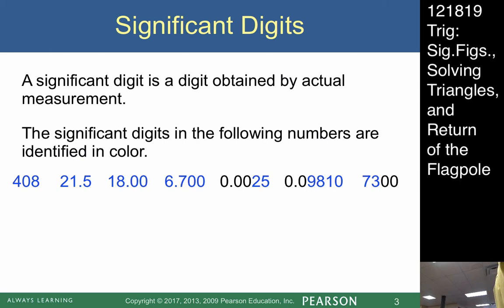And if those zeros were significant, the only way to convey that they were actually significant is to go 7.3 times 10. Oh, no, I'm sorry. 7.300 times 10 to the third. And then you would know that these zeros count as well, and there would be 4 sig figs. That's using what's called scientific notation.